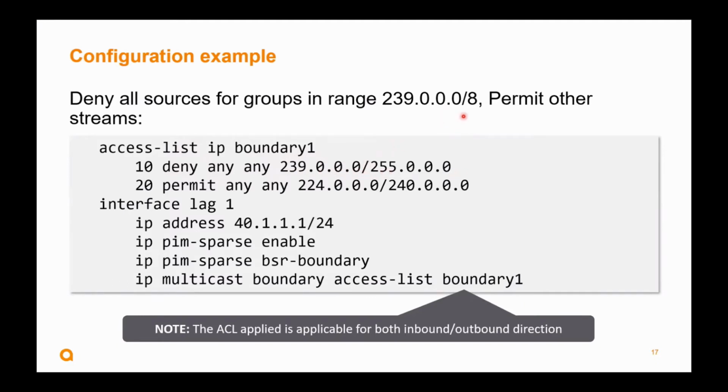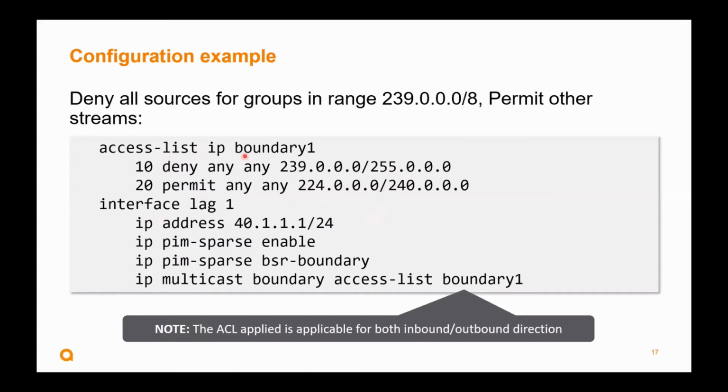So only that /8, we want to deny that. And then here, line 20, remember, if you just have deny, there is an implicit deny at the end of this boundary ACL as well, right? It's an access list. So permit any source, and then basically all the other multicast groups.